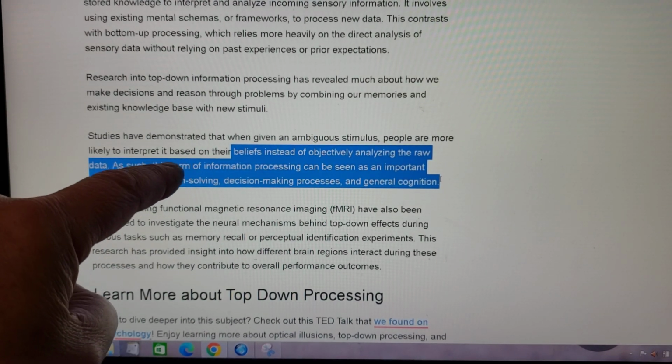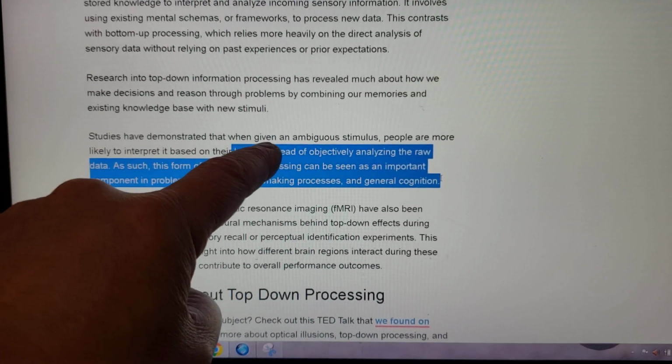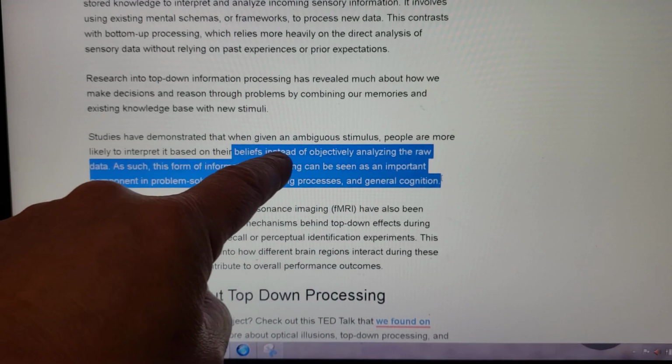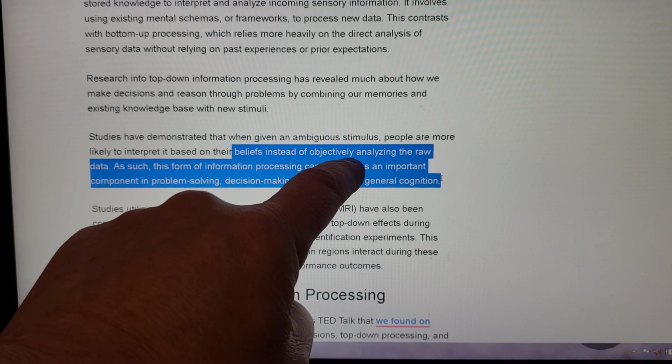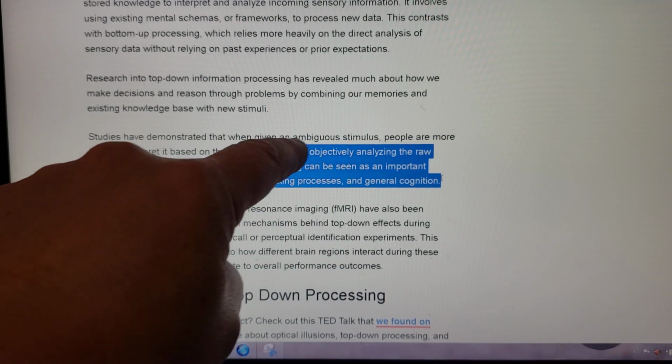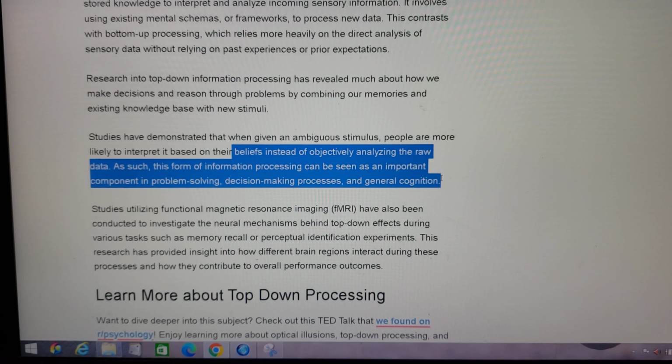So it says here that studies have demonstrated when given ambiguous stimulus, people are more likely to interpret it based on beliefs instead of objectivity in analyzing raw data. So the ambiguous stimulus is the presence of the dog. The dogs are constantly some type of stimulus or hyper awareness.